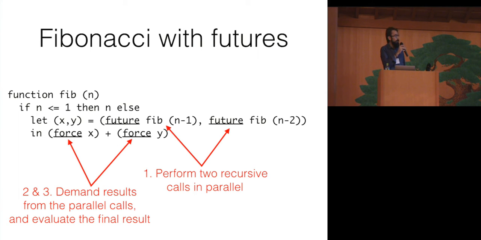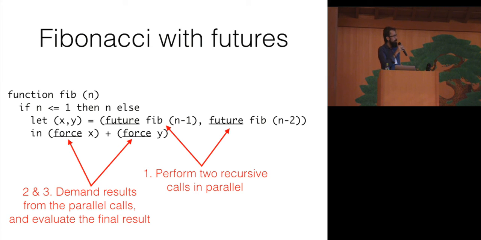Now, the parent computation, knowing the identities of the subcomputations, can ask for the results. You can see here that force of x and force of y demands the results, which forces the subcomputations to finish.